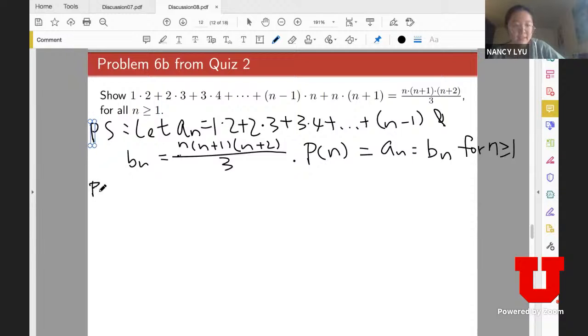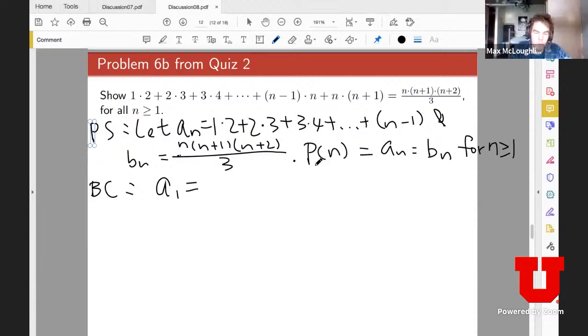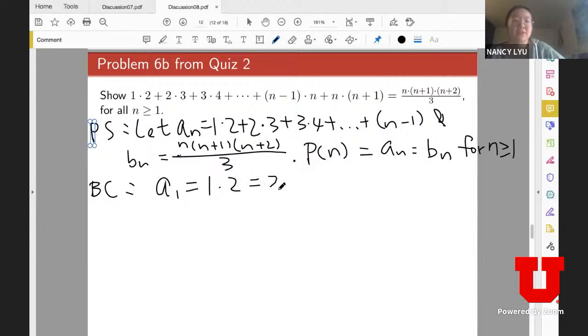Now we have the base case. Can anyone tell me what A_1 is? A_1 would be 2, yes, and that comes from 1 times 2.